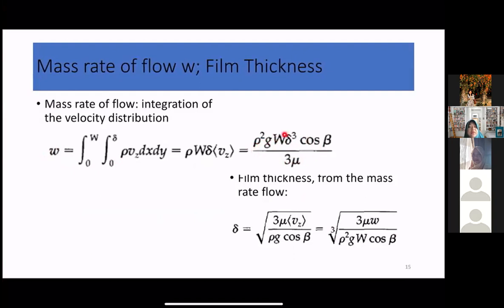So if we know the mass rate, we can also calculate the film thickness. So how much film thickness is required so this phenomenon can be applied? Sometimes if the flow is too thick, too big, this principle will not be applicable. Okay, so this is how to calculate the thickness.